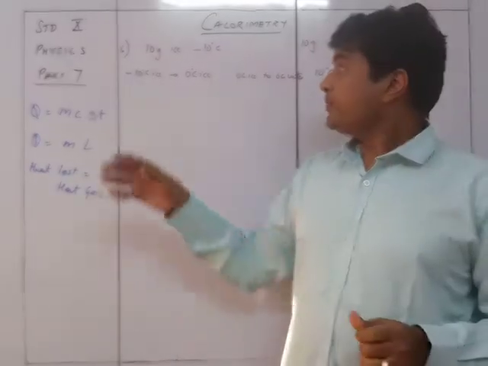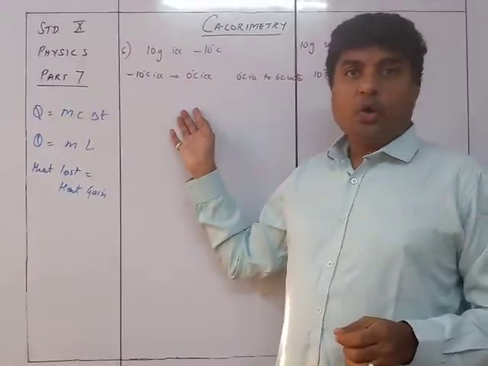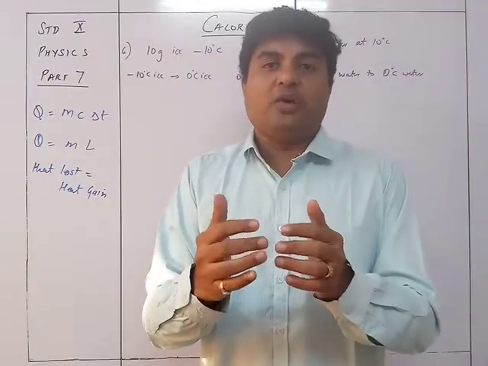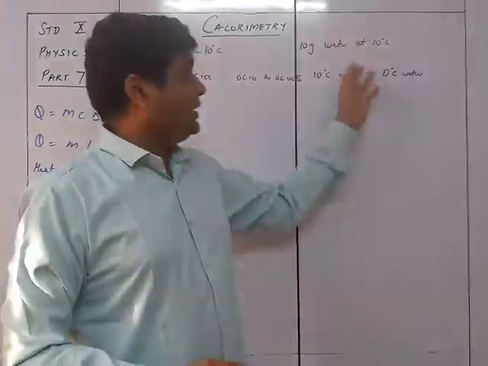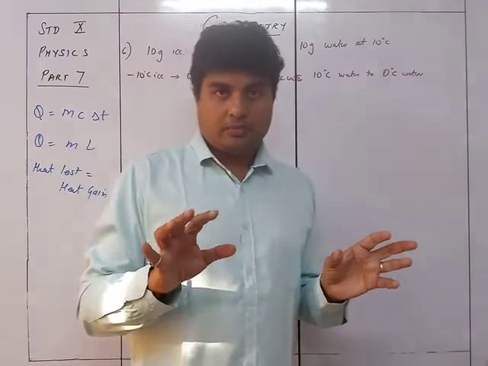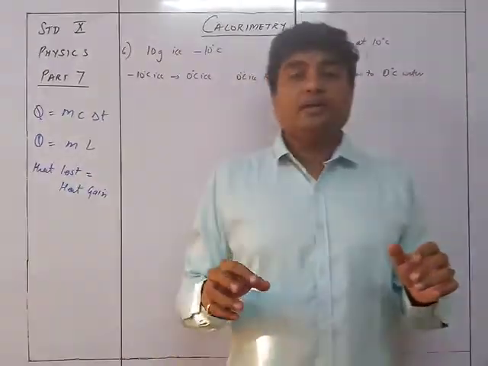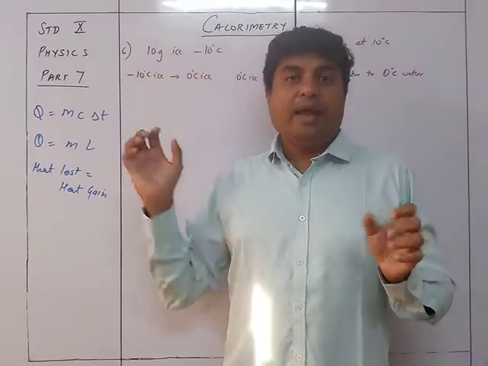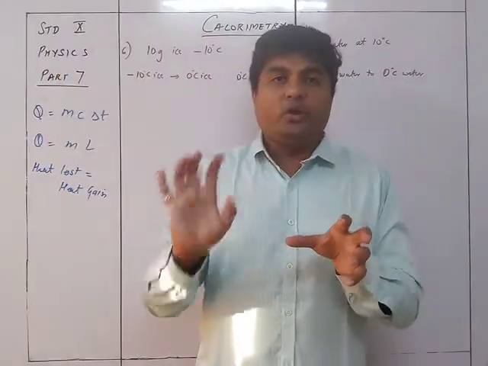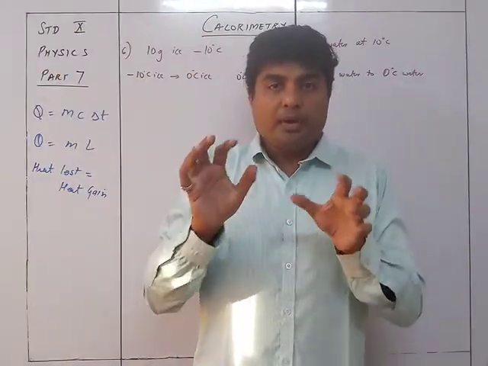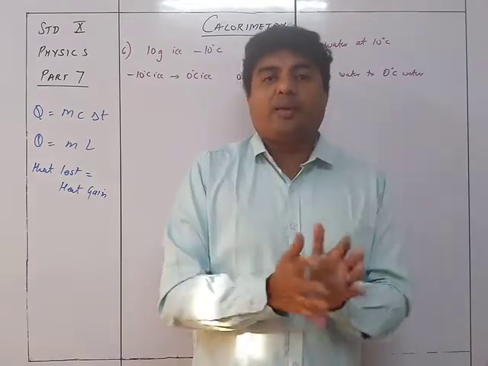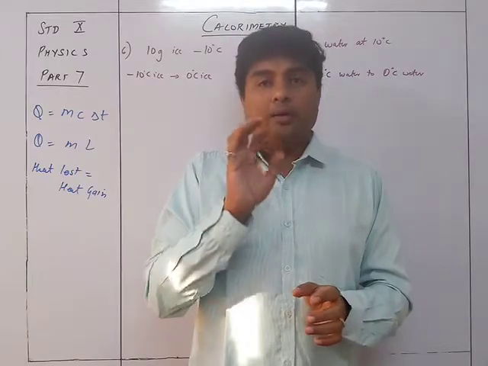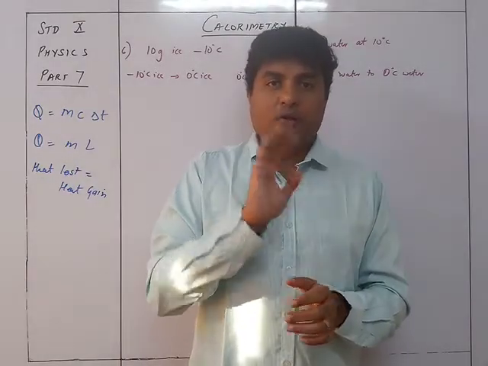Second possibility: the water cools and the ice also melts completely, and the temperature is not 0 now, it is around 1 or 2 degrees. And the third condition is that this comes to 0 degrees, this comes to 0 degrees, and part of the ice remains ice and part of it becomes water. That means the ice is going to partly get converted into water.